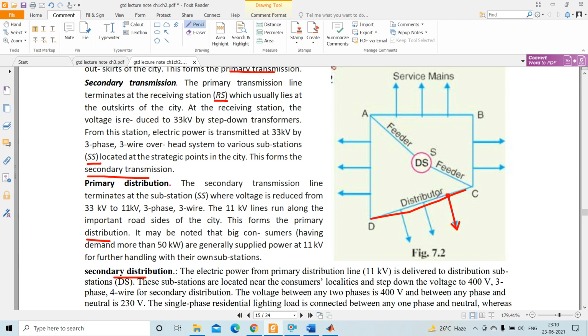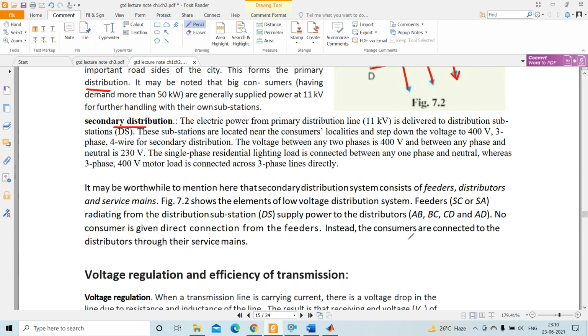This is one load tapping over here, this is another load, this is another load. So the loads are taken from the distributor by tapping. It may be worthwhile to mention here that the secondary distribution system consists of feeders, distributors and service mains.